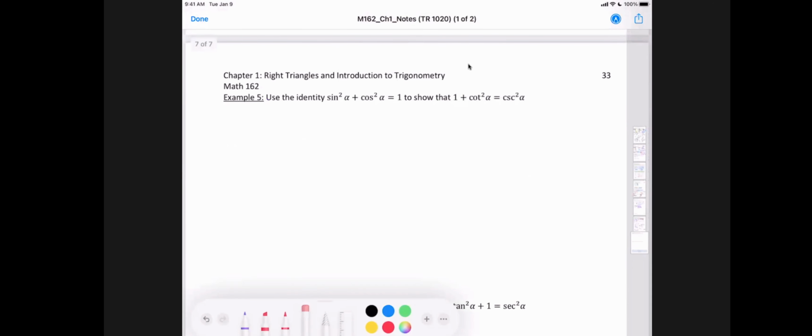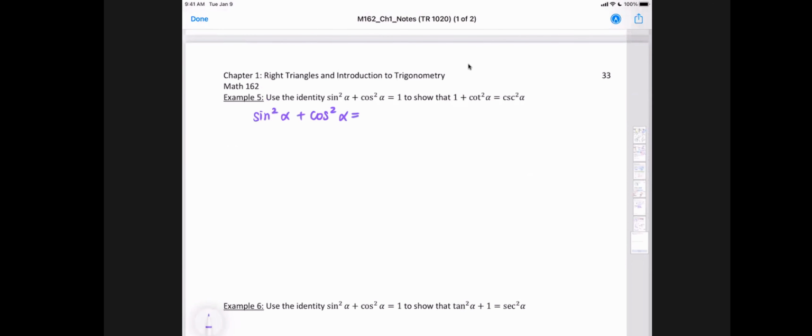So if we start off with the original identity, and I want to get to a point where I get these other forms. Let's just isolate this. I want a cotangent square to appear. Through the quotient identity, we know that cotangent is cosine over sine, right?